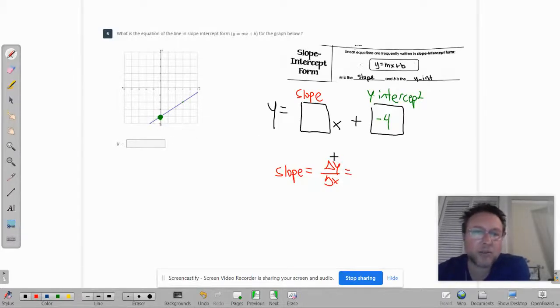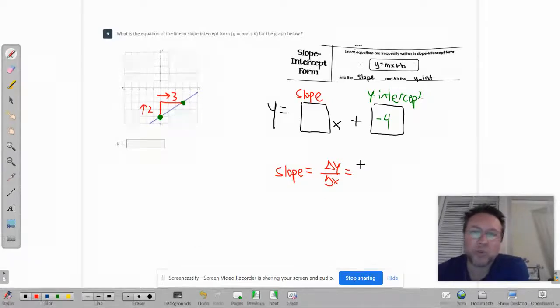So how is the line from one point to the next point, how many do I go up and how many do I go over? And we're always looking at this graph from left to right. So I want to ask myself, how many did I go up, and then how many did I go over to get to that point? Well, it looks like I go up 2 and then right 3.